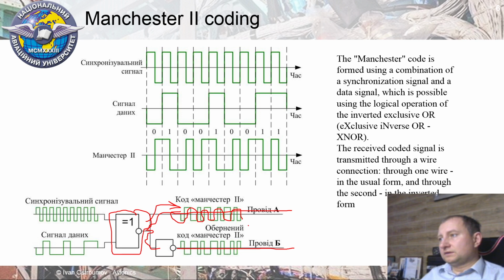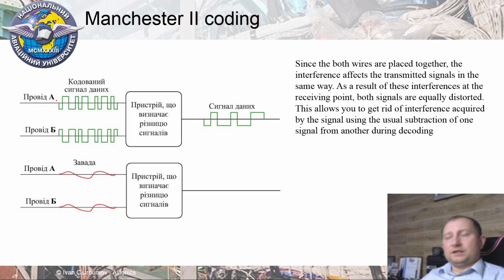After transmission, on the receiver side, we just need to extract one signal from another one. If we subtract the second signal from the first one, we will get a double positive signal. Quite important is that both wires go at the same place, the A and B wires of the physical level of MIL-STD-1553.